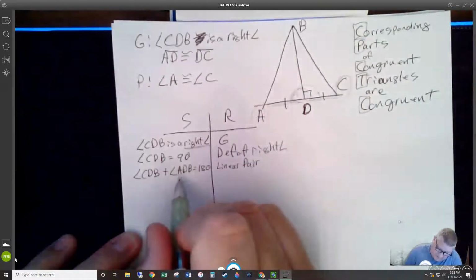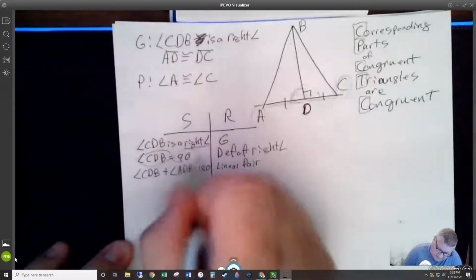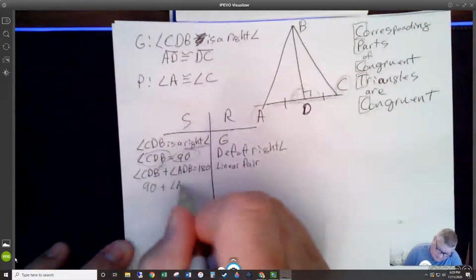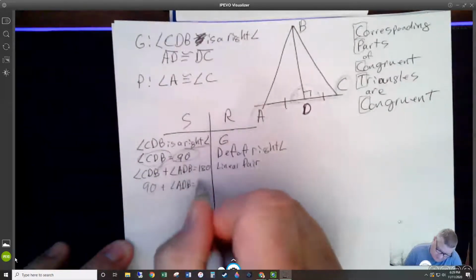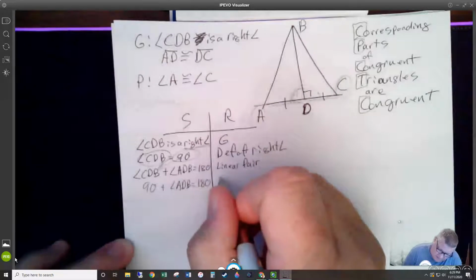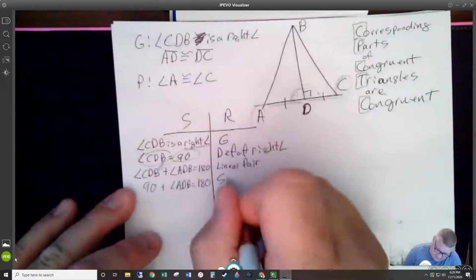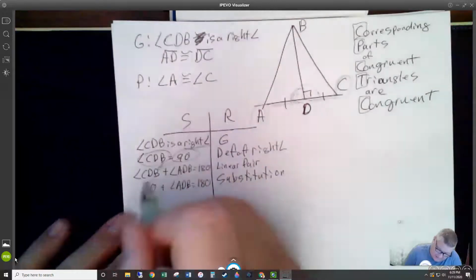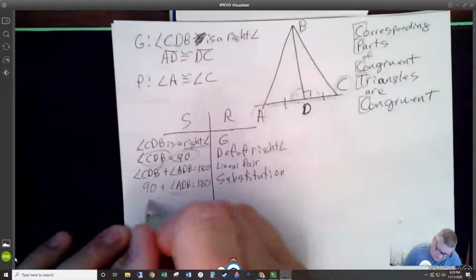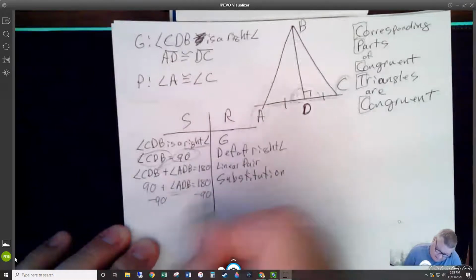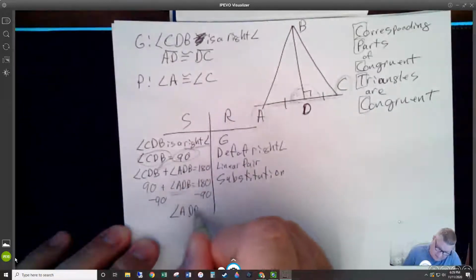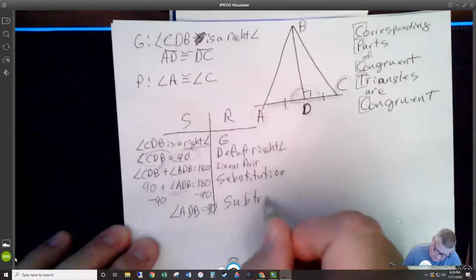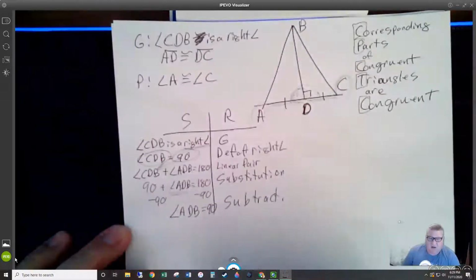Now, since we know that CDB equals 90 degrees, I can put it right there and say 90 plus angle ADB equals 180 by, well, I took something out, put something in, substitution. Now we can finish getting this angle by itself, saying minus 90, angle ADB equals 90 degrees by subtraction.